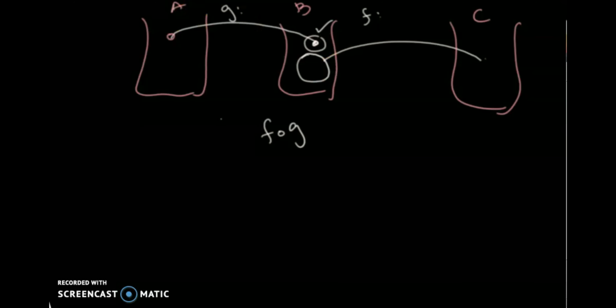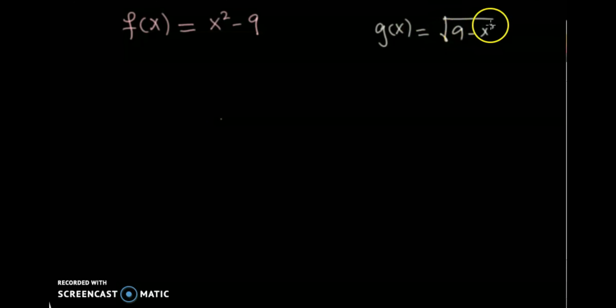I can take an example. Let's say our f of x is x square minus 9, and suppose the g of x is square root of 9 minus x square. Now first we want to define the composition f of g. So this is very easy to define.